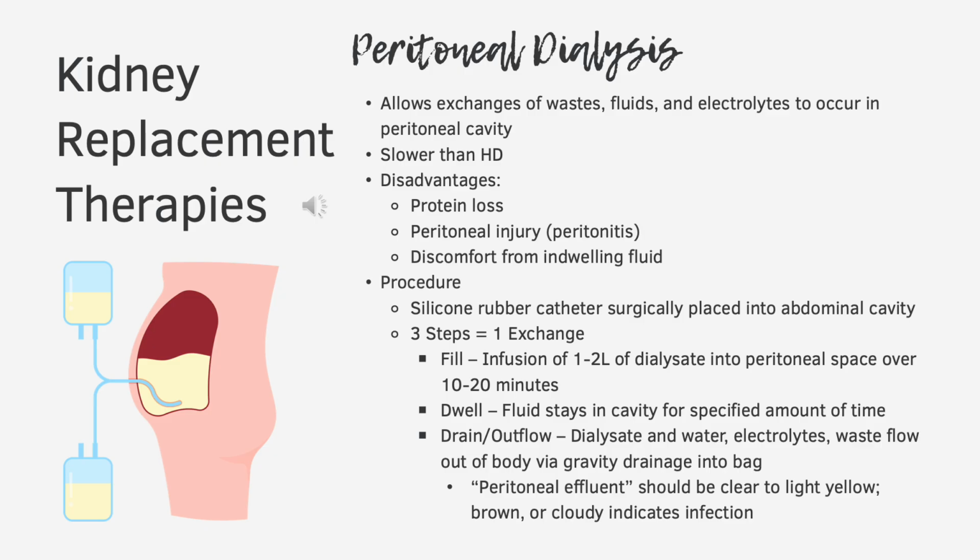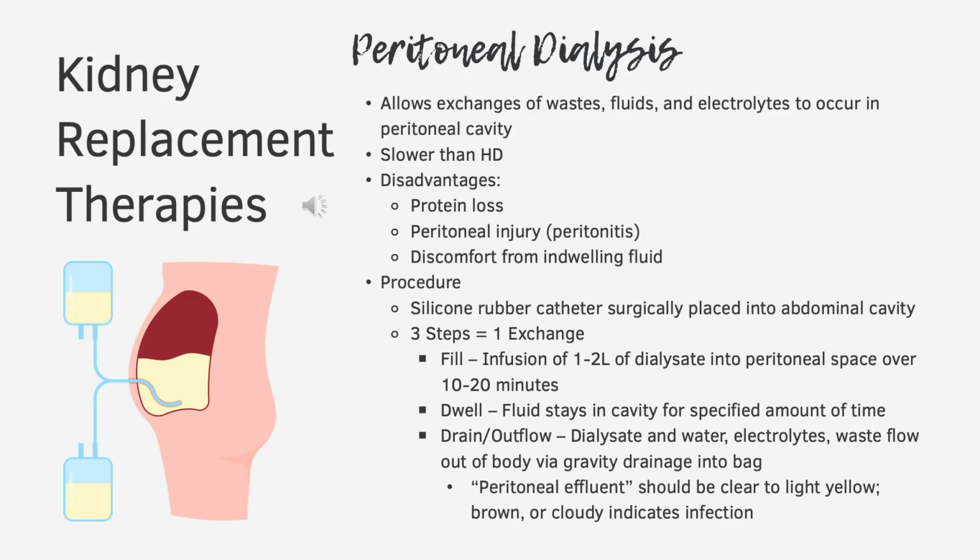It does have some disadvantages, including protein loss through the dialysate, risk for peritoneal injury like peritonitis, and potential discomfort from the indwelling fluid. Despite these though, peritoneal dialysis does have some significant flexibility, making it a preferred option for patients who are hemodynamically unstable, as well as older adults or those who have issues with vascular access.